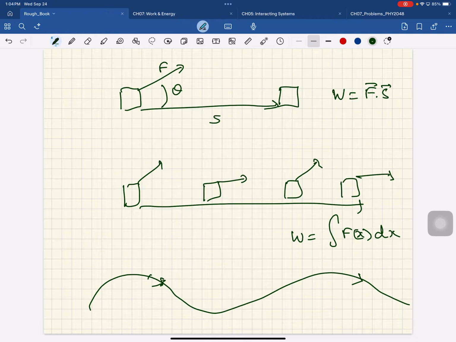That's calculus, you know. And do you know how to calculate the work done along a straight line? You do. We'll call this segment dr. The work done on that segment is F dot dr. And then you add up the work done in all the segments. What does adding up mean?